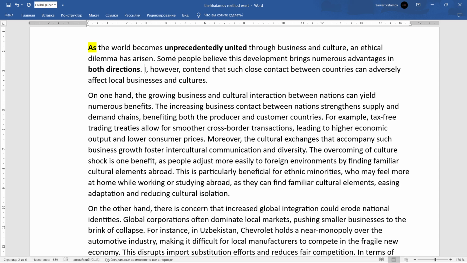I, however, contend that such close contact between countries can adversely affect local businesses and cultures. What I did right here is, you may say, wait a minute, there are three sentences. Where's your thesis statement? This is my thesis statement. I just split it into sentences, instead of making one complex sentence.